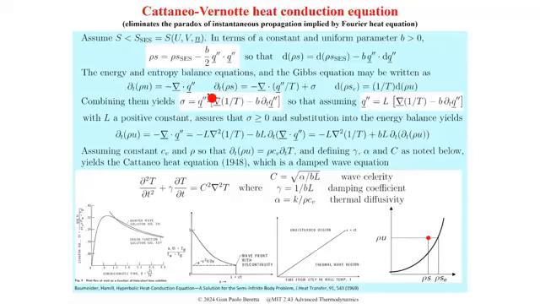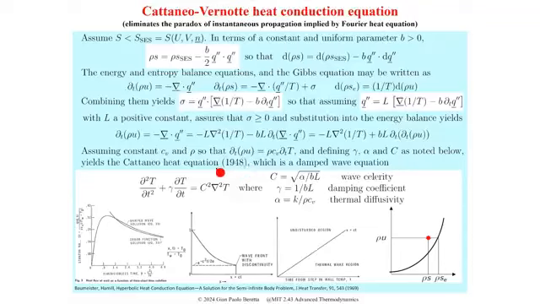And if we assume a linear relation between flux and affinity through a positive constant L, what we obtain is a correction to the Fourier law of conduction, which was proposed by Cattaneo, which gives rise to the Cattaneo heat equation, 1948.